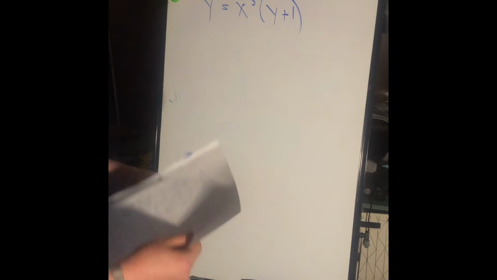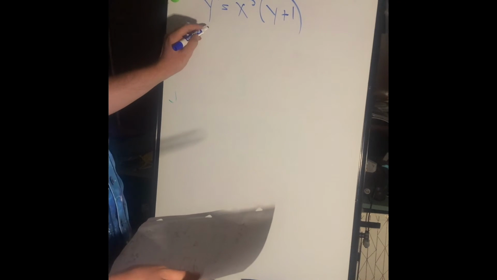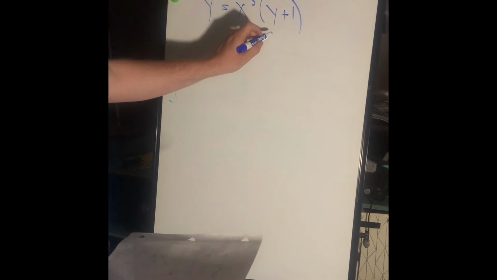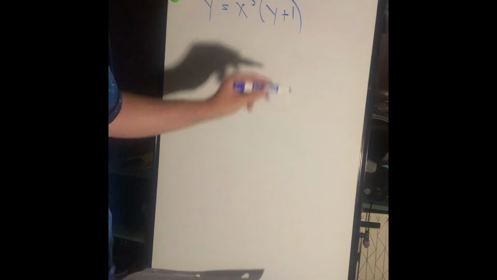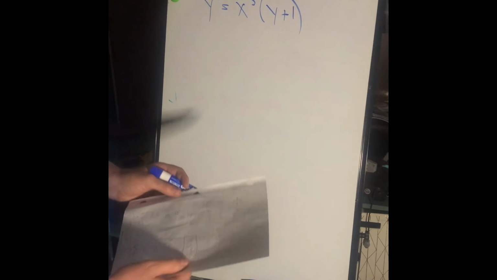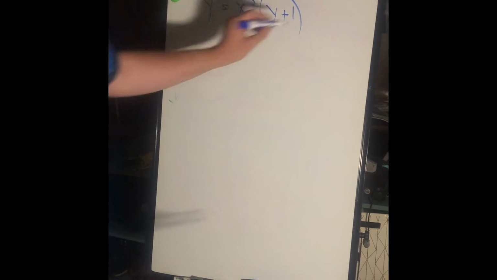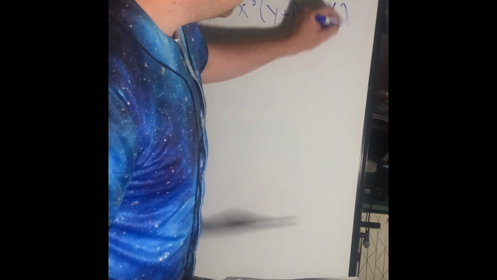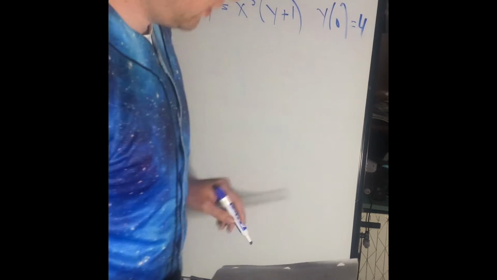In this problem, we have y prime is equal to x to the 5th times (y plus 1), and we have this condition: y of 0 is equal to 4.